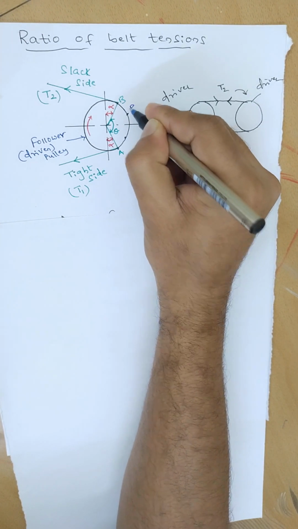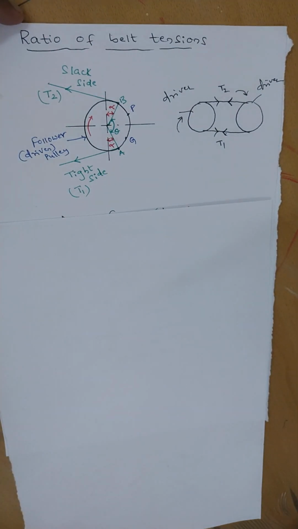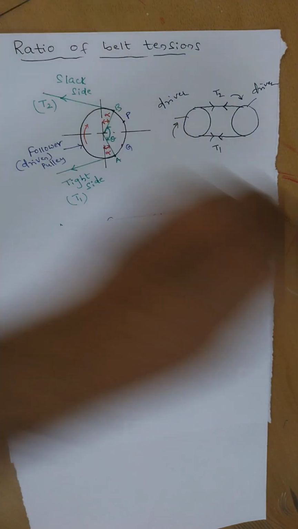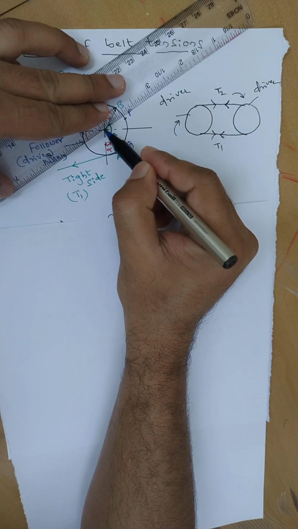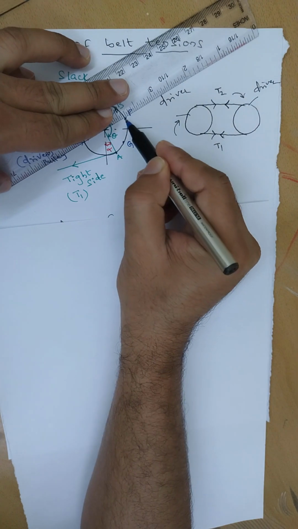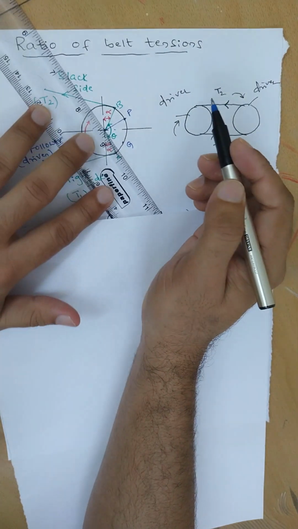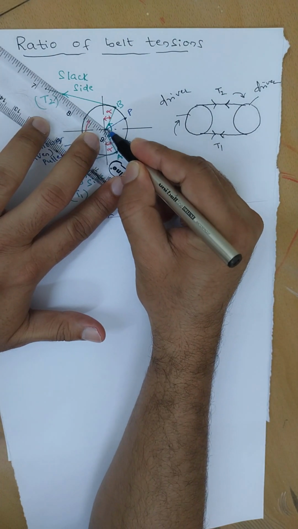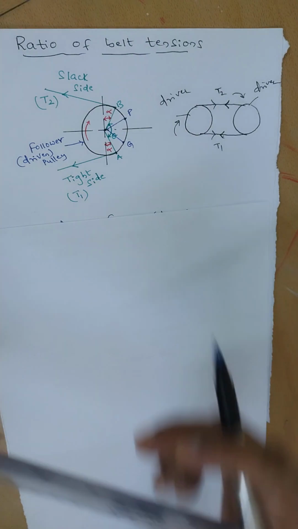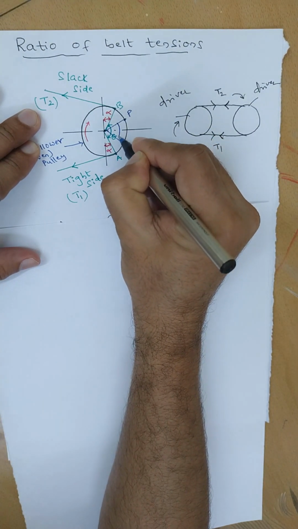Just I am taking P here and Q here. I draw the lines along P and along Q, and this small portion makes an angle of d theta.